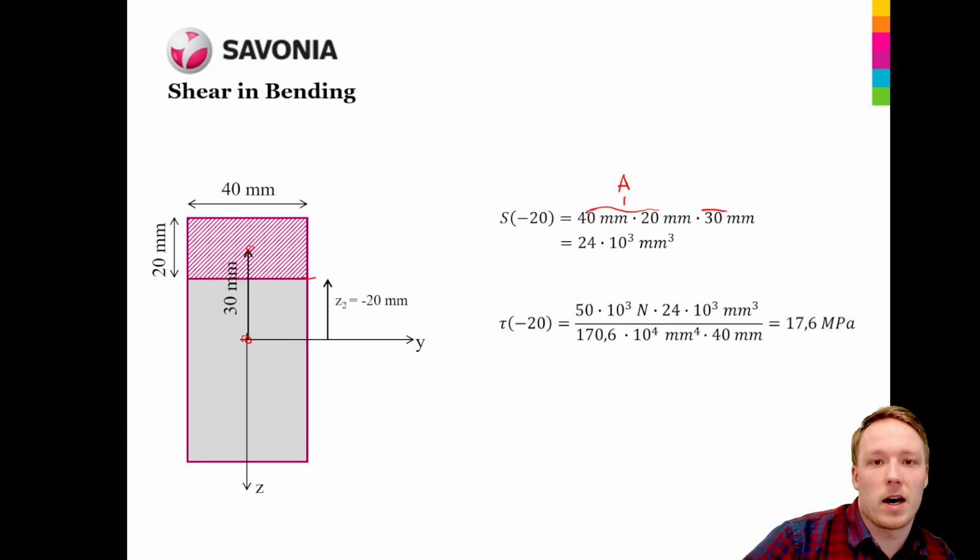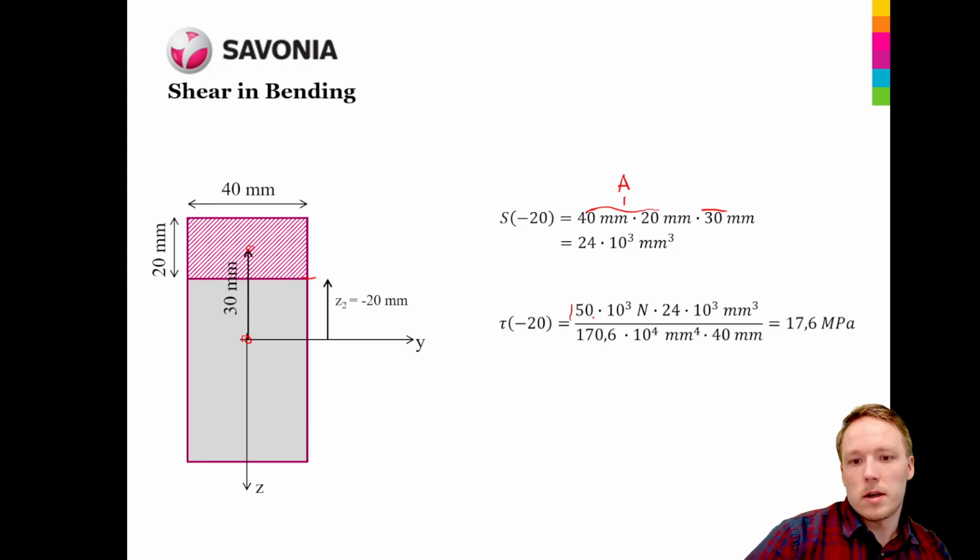Now when we have calculated that, we can calculate what is the shear stress at location minus 20. What we get is the shear force, which was 50 kilonewtons, it is here, multiplied by the S minus 20, it is here.